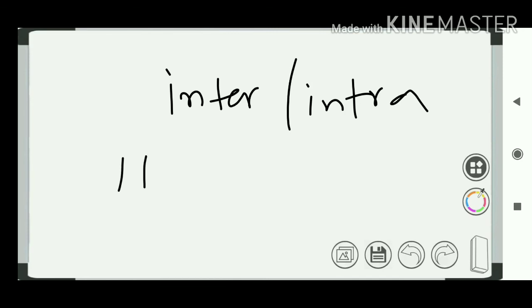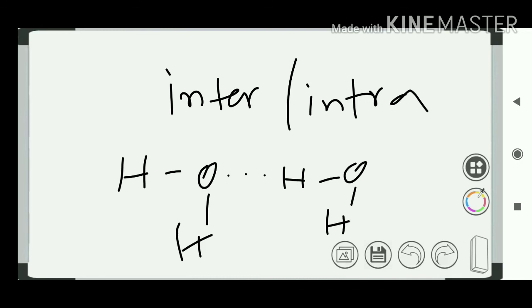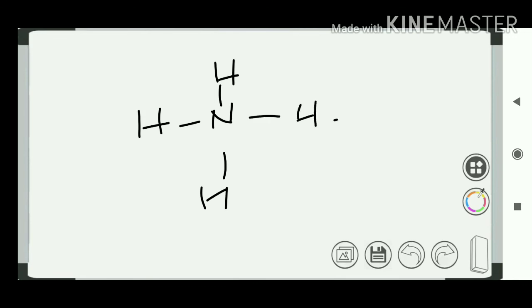See here, I have the water molecule I am going to draw, which has a dotted bond with a nearby hydrogen atom. Then if you see the amine with water, the nitrogen is going to make a weak bond with hydrogen.